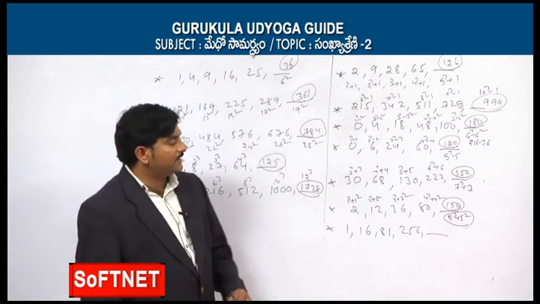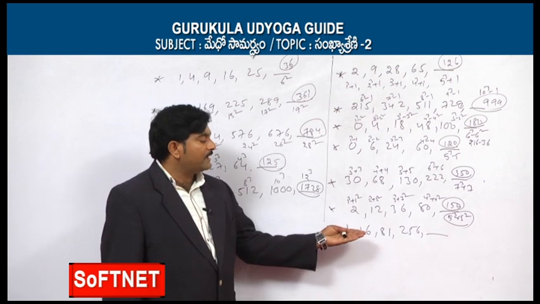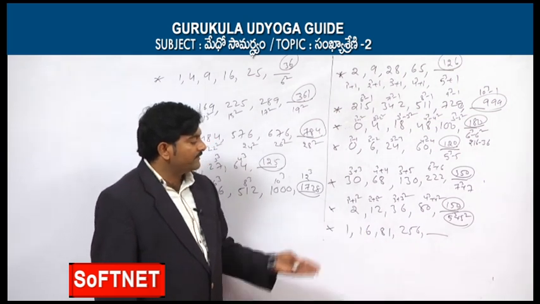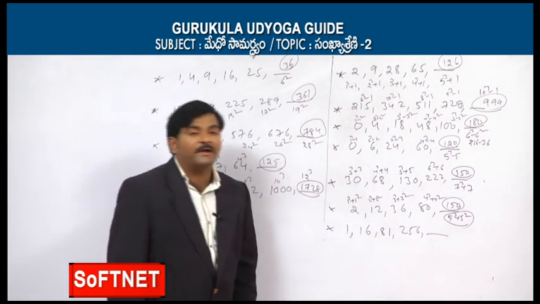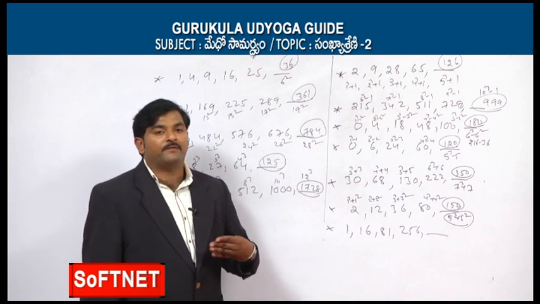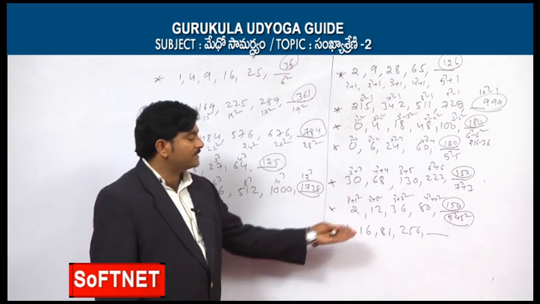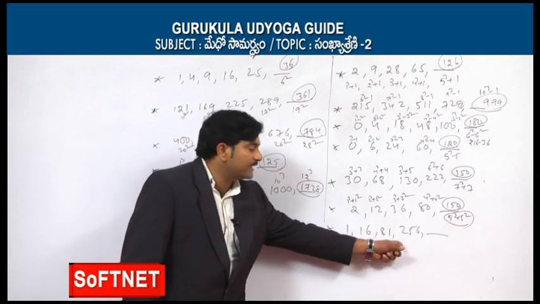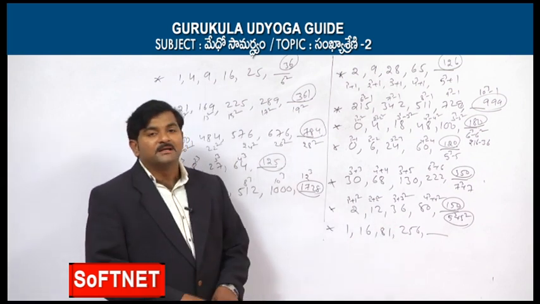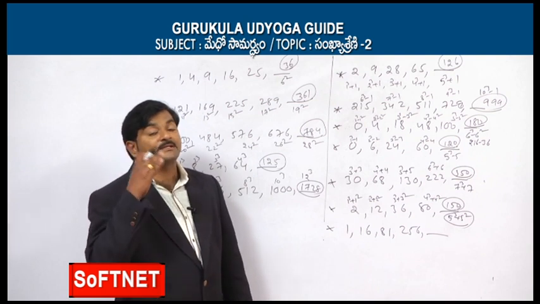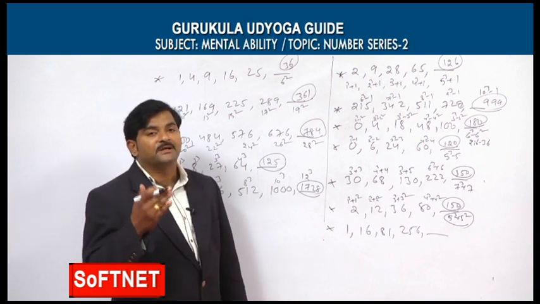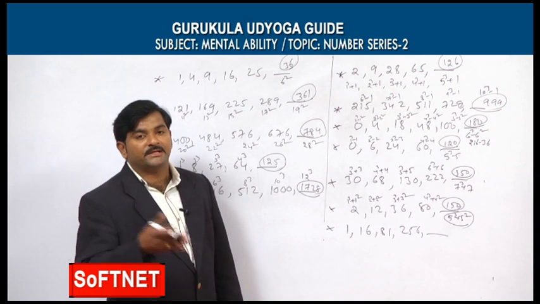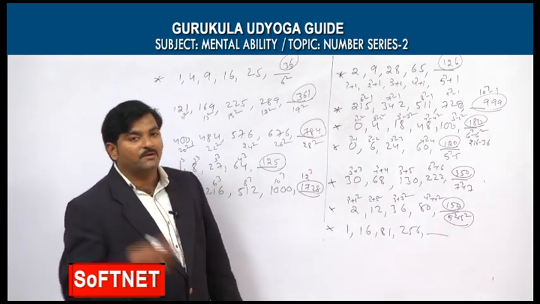Will you get 5? No, it is not 5 power 4, because 5 cube value is 125. It is 4 power 4, because 256 means 16 square, and 16 square means 4 power 4. 16 into 16, 4 into 4, 4 into 4.